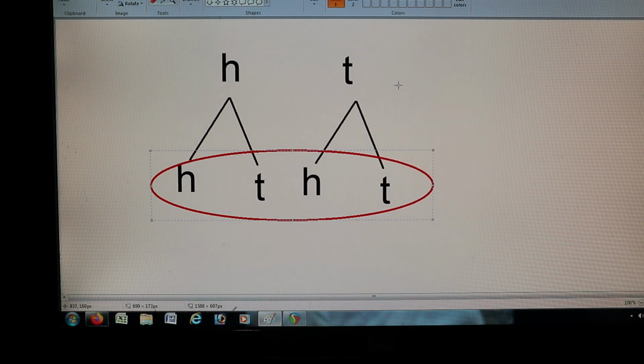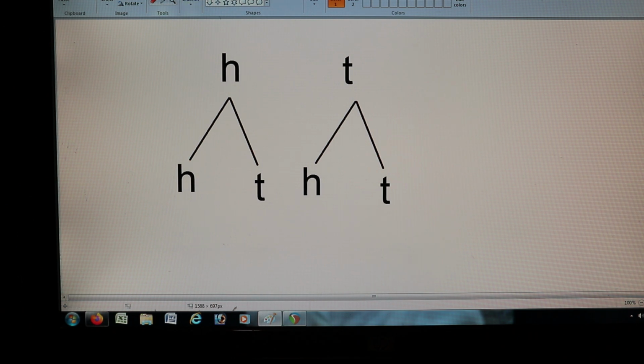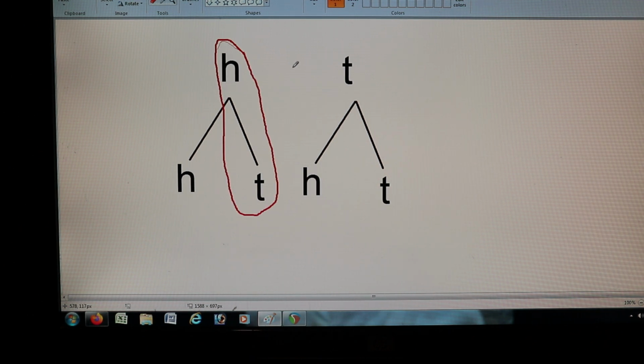Now, if I had to ask you, what is the probability of flipping heads and then tails? You would have to circle that event. So we have heads to tails. So the condition is, what are the chances of flipping first heads and then tails?